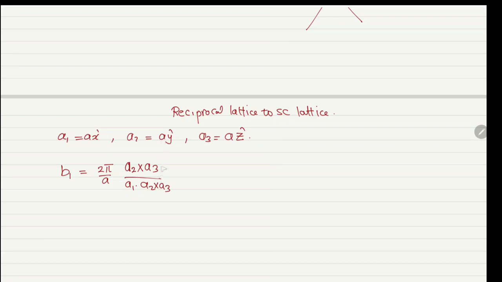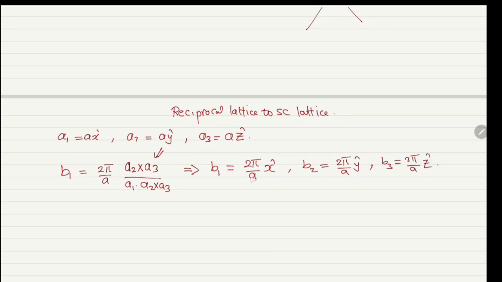You substitute these primitive vectors in real space into this one here, and you will find b1 is equal to 2 pi over a x hat, and b2, same procedure, equal to 2 pi over a y hat, and b3 equal to 2 pi over a z hat.